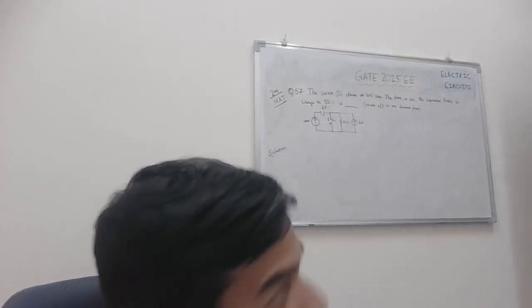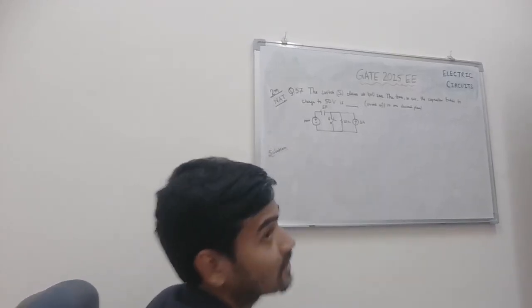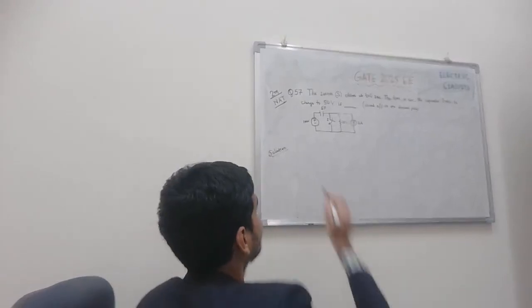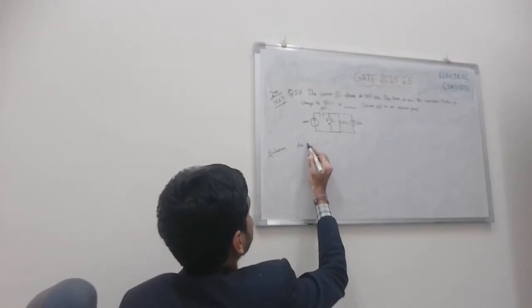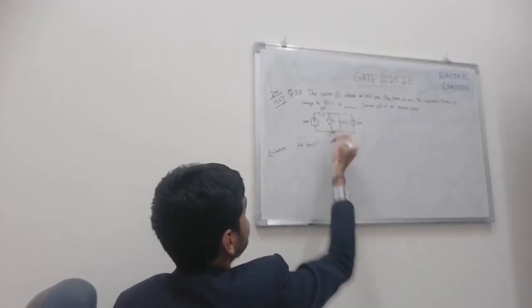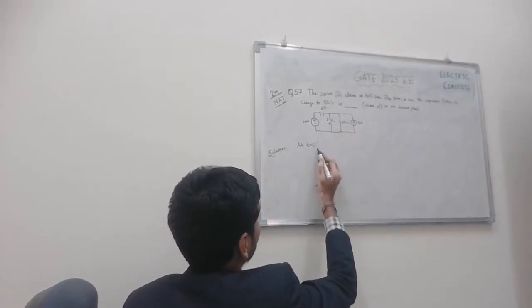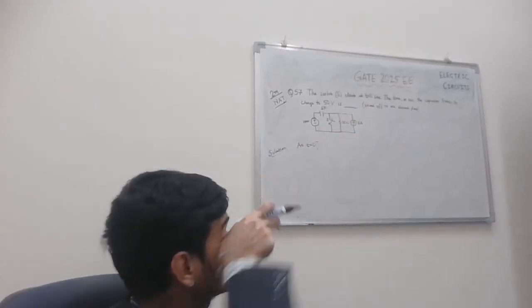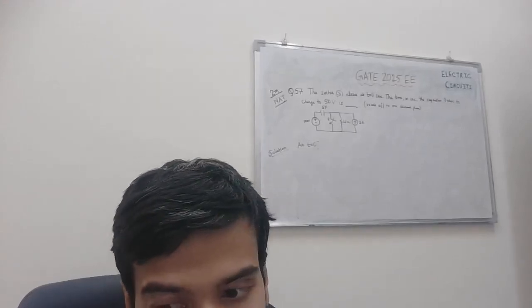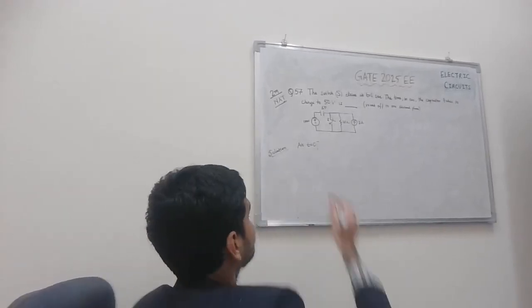At t equal to 0 minus, we go to the steady state of the circuit. The switch is open, and in steady state the capacitor is open circuited.